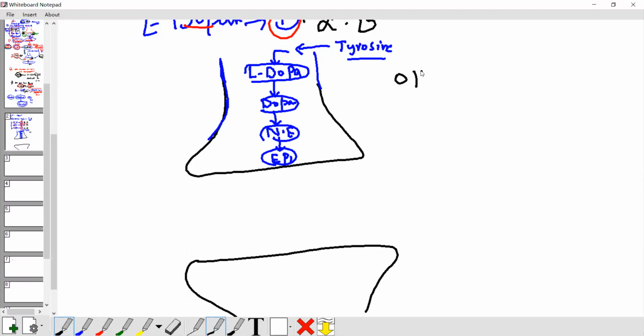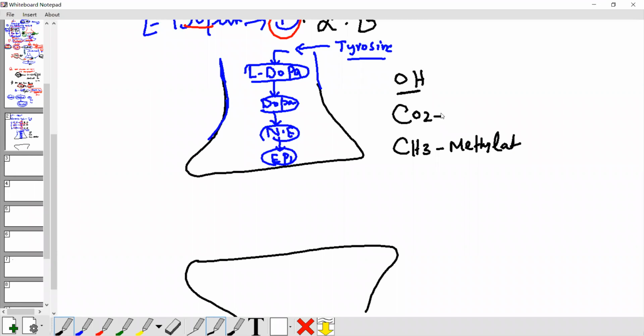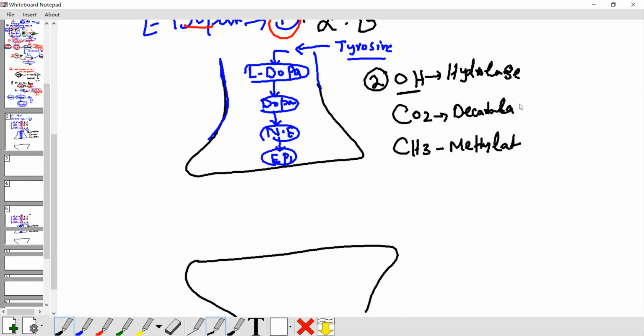Two steps are hydroxylation, one step is decarboxylation, removal of CO2, and one step is methylation, CH3 addition. Hydroxylation needs the enzyme hydroxylase, decarboxylation needs decarboxylase, and methylation needs methylase.